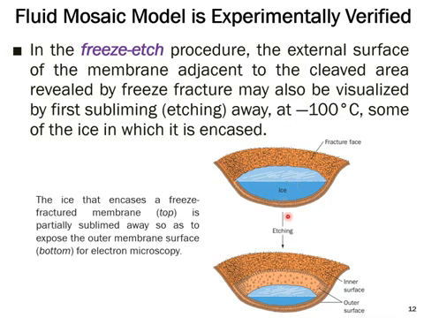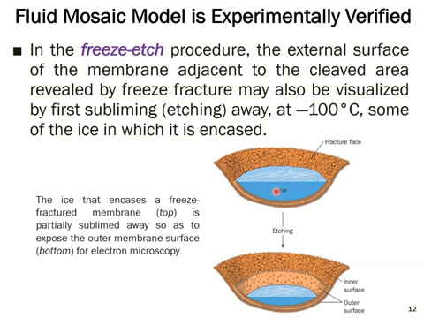The other portion is where the ice is, so on the outside layer it will be ice because the sample was frozen. What is done to that side in the freeze etch procedure is that first we sublime away the ice.